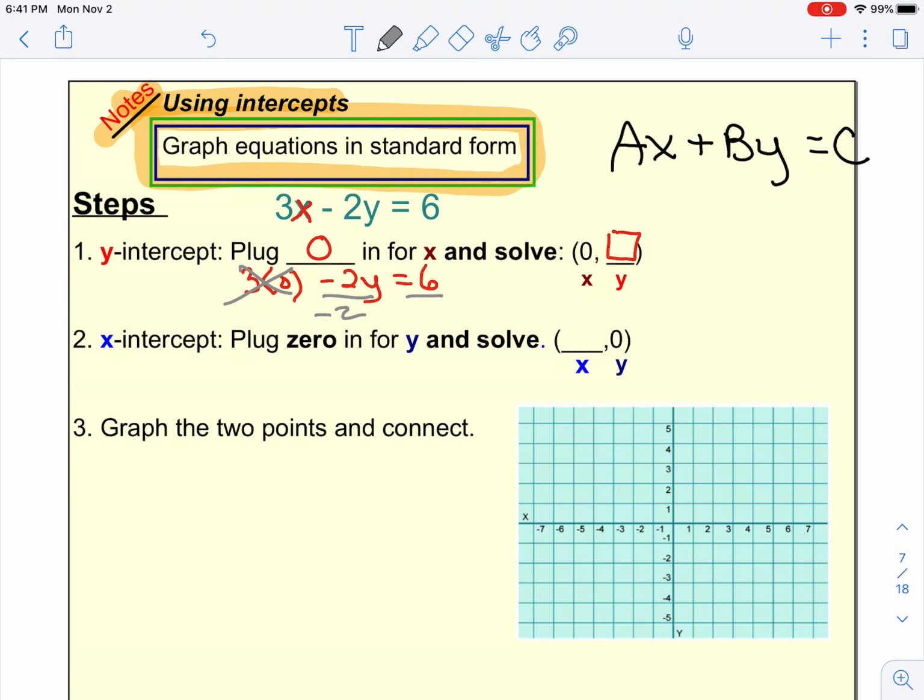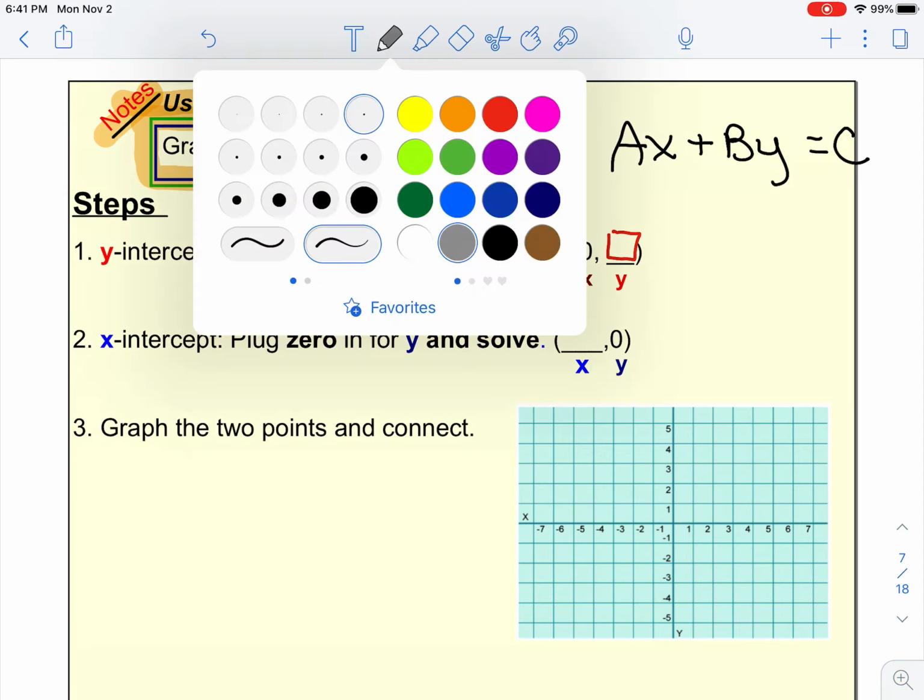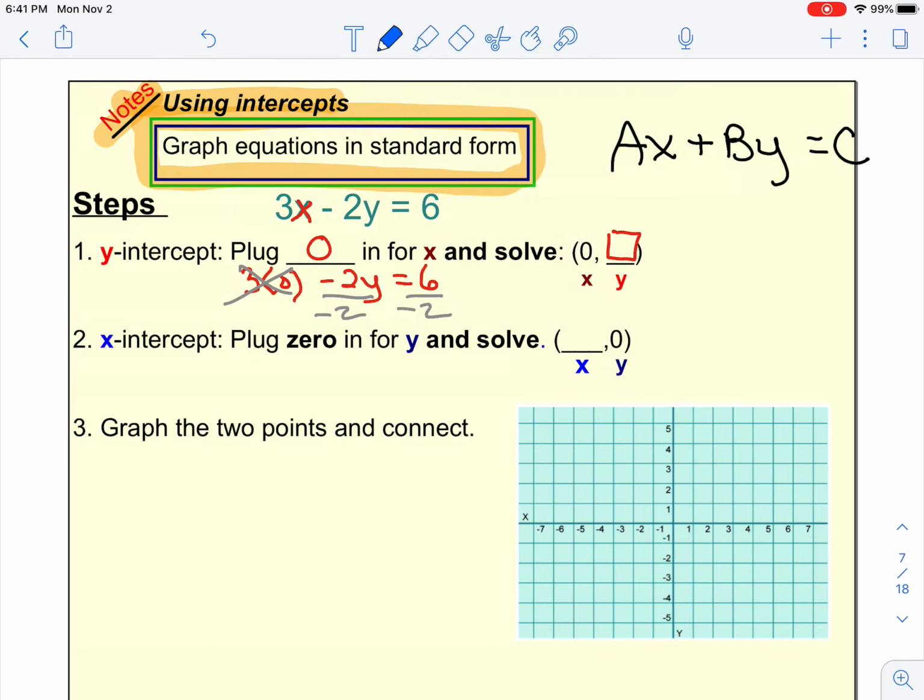So now I have negative 2y equals 6. So I'm going to divide by negative 2. So then what I get here for my y value is equal to negative 3. So my y-intercept is the ordered pair 0, negative 3. And so that means where this graph crosses the y-axis is going to be at negative 3.